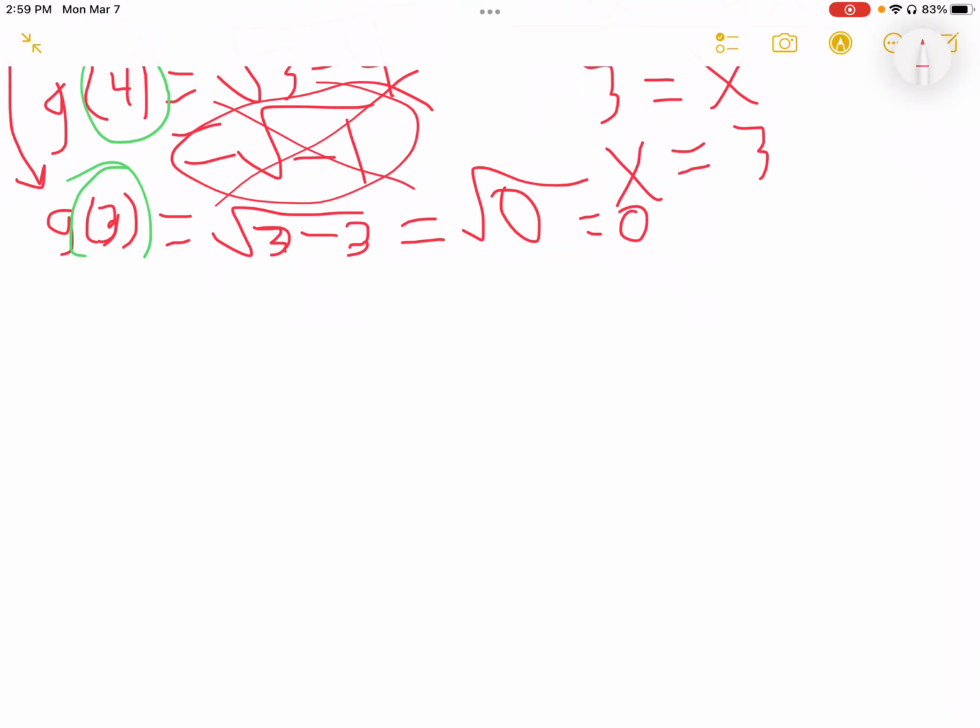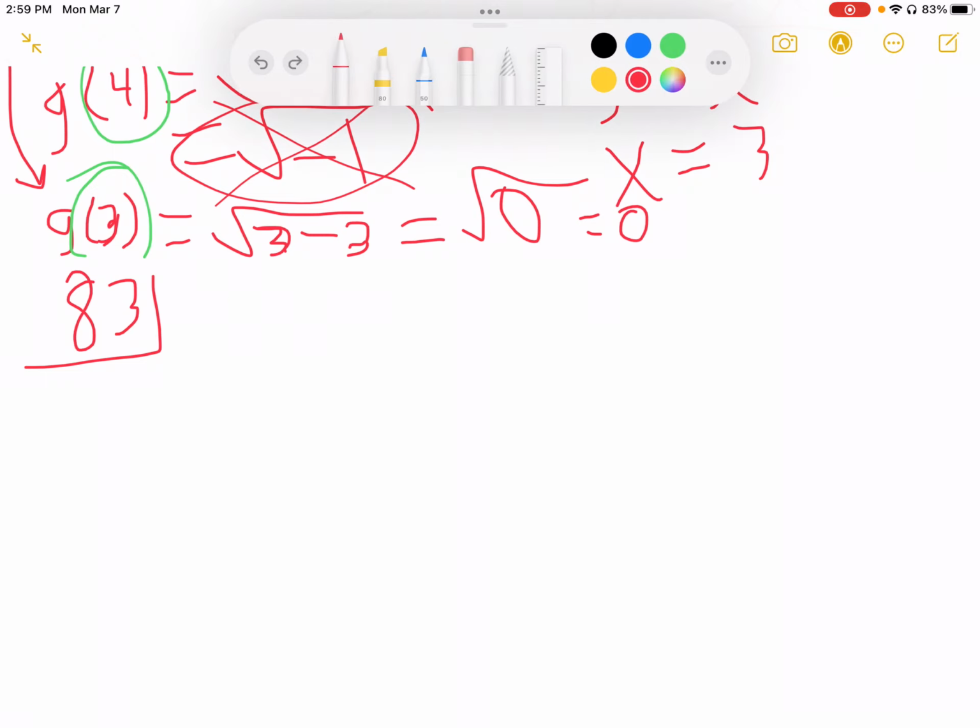Okay, so lesson 83 here, we have coin problems. This is not anything mind-blowing here.